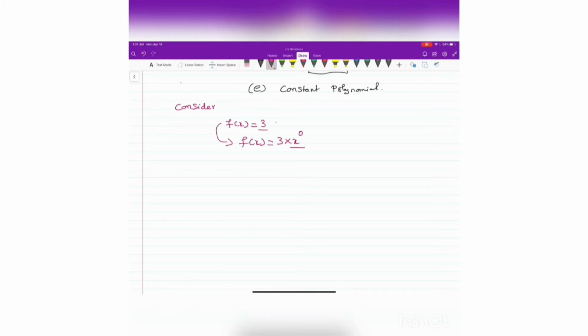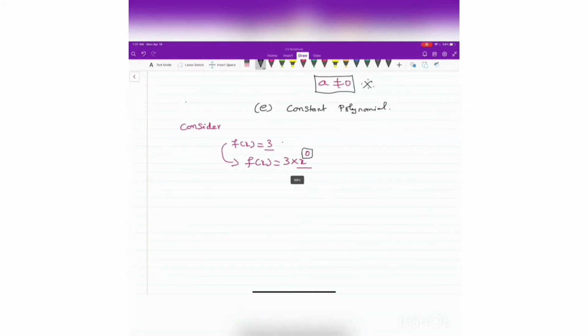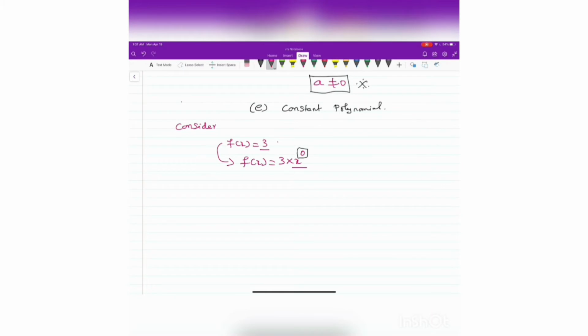In this case, the degree is 0. So a polynomial of degree 0 is called a constant polynomial.